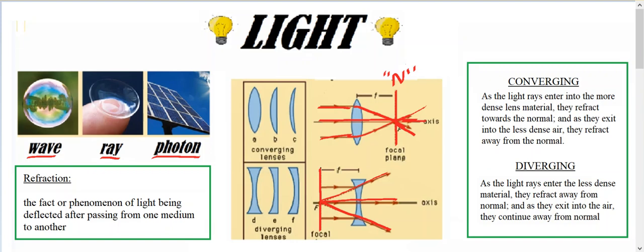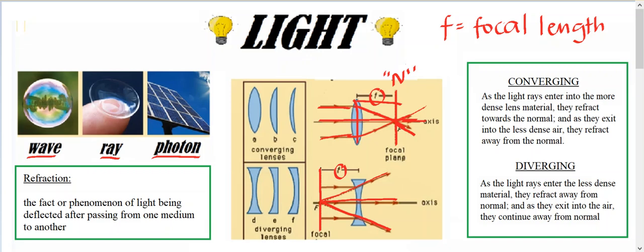Converging lenses will always have a length from the middle of the lens to the normal, as you see here, marked as F. F is your focal length, the center of your lens to your focal point. And as you can see here, diverging has it too. You may notice that in converging lenses, the focal point is in front of the lens.